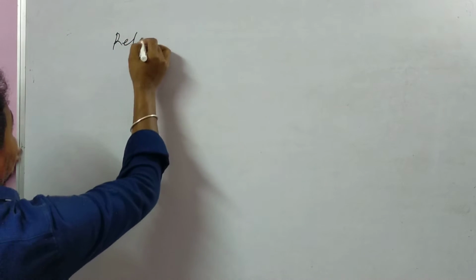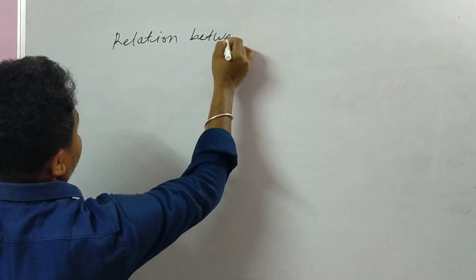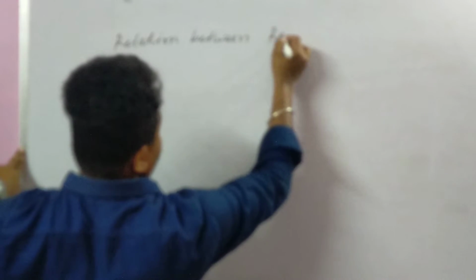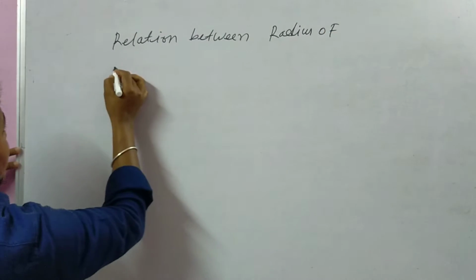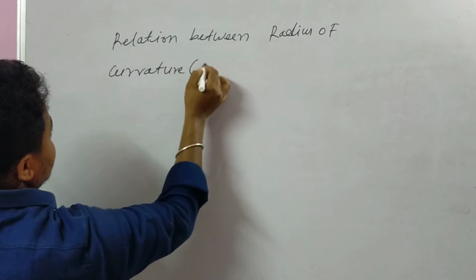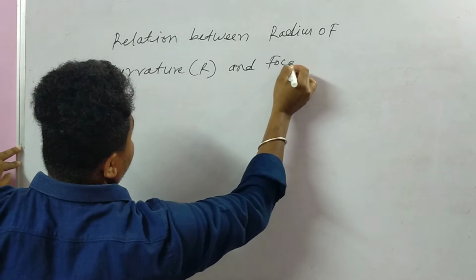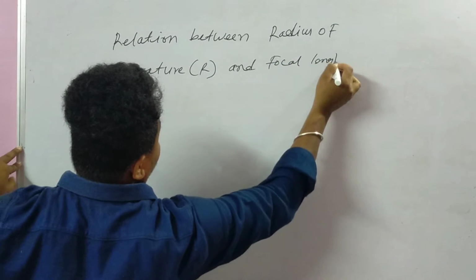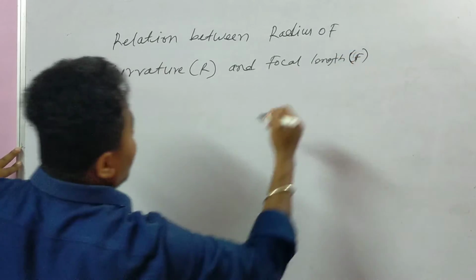So again, headline: relation between radius of curvature, that is R, and focal length, small f.